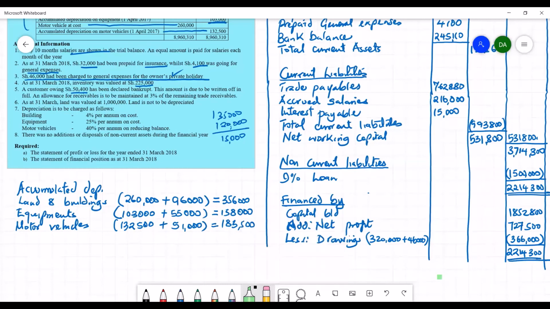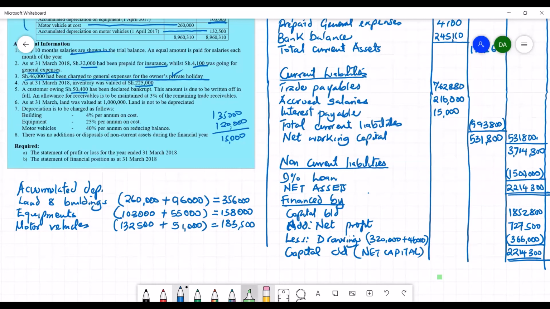So net assets was equal to 2,214,300, and also capital carried down, or capital at the end of the period, that is the net capital, is also equal to 2,214,300.